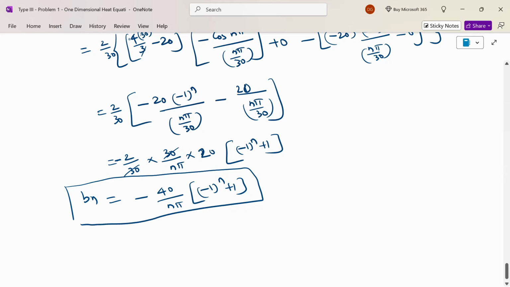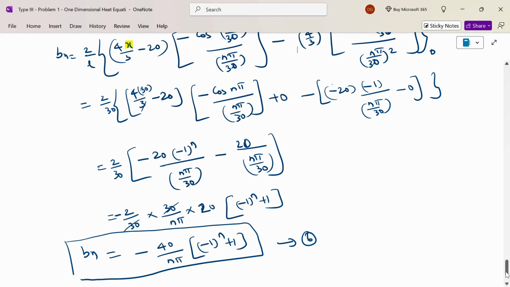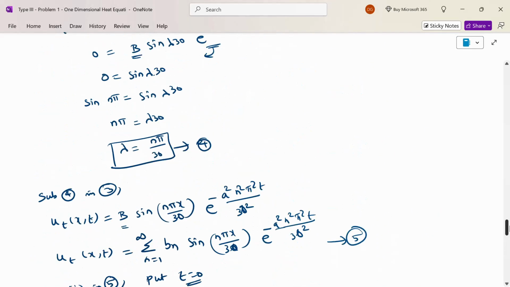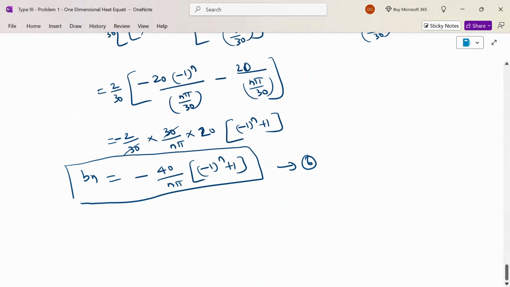Now consider this is equation number 6. Now what is the previous equation? The previous equation is 5. Therefore substitute 6 in 5.